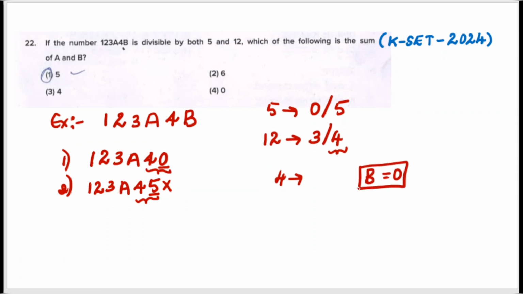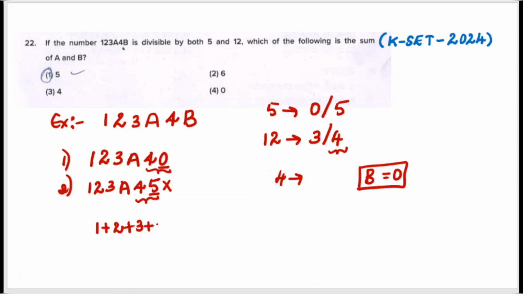Yes. Now one more condition we need to see whether it is divisible by 3. Using the divisibility test for 3, we can find out the answer for A. Yes. So on adding all the sums, we need to get a number. That number should be divisible by 3. Right.